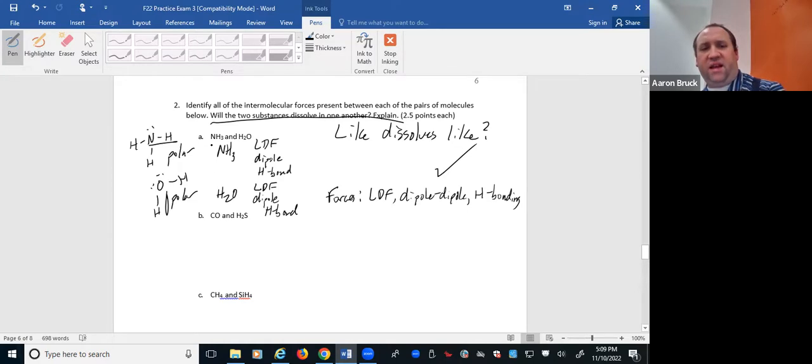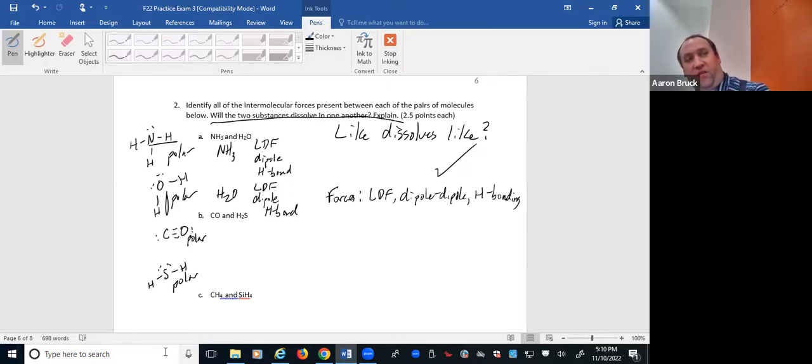All right, let's look at the second example, carbon monoxide and hydrogen sulfide. In carbon monoxide and hydrogen sulfide, we've got a polar molecule here. We've also got a polar molecule here as well. For carbon monoxide, the lack of symmetry is in the fact that we've got a linear molecule and two different atoms are on it.